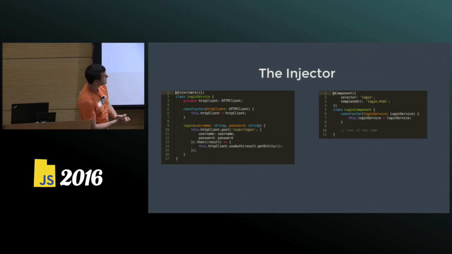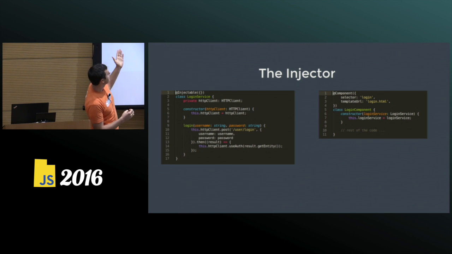And here's just a simple example of how you might be using an injector. So let's say you have the login service here, where its job is to log you into your application, right? You can go to a website, you can log in, it will authenticate, and then you create a login form over there.